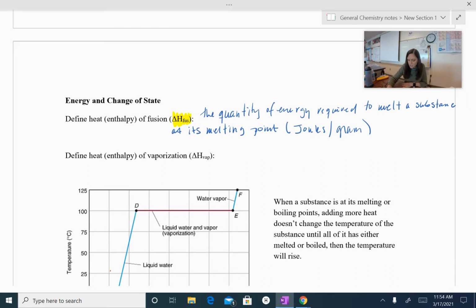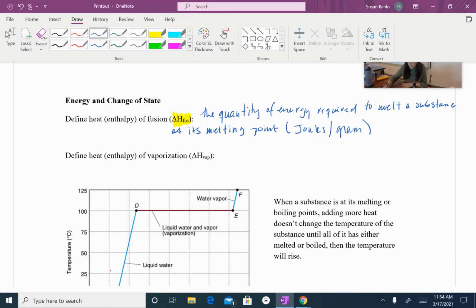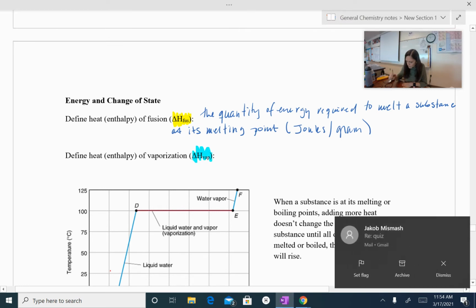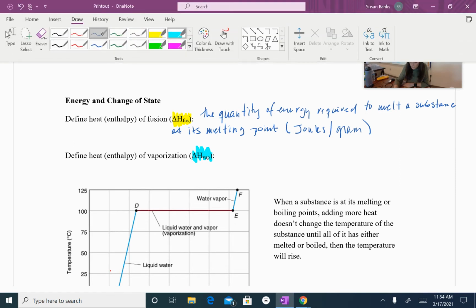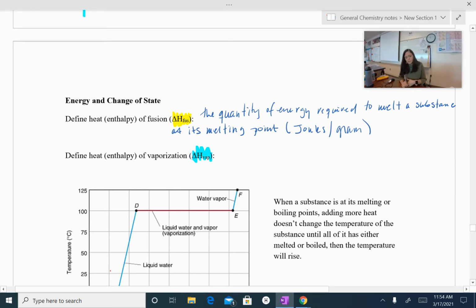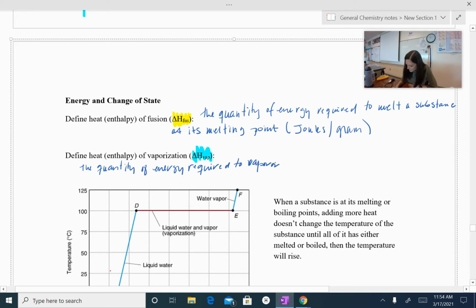So heat of vaporization is done with this symbol, and it's the quantity of energy required to vaporize a substance at its boiling point.